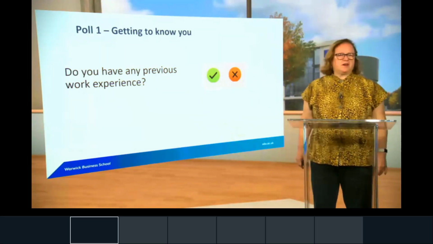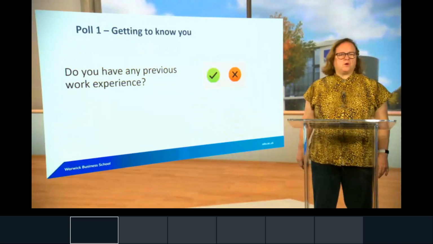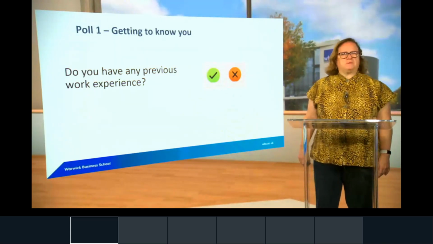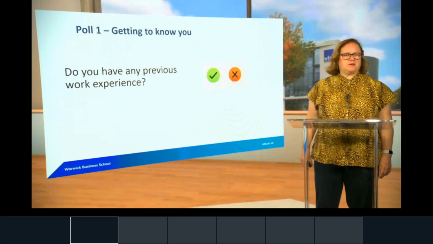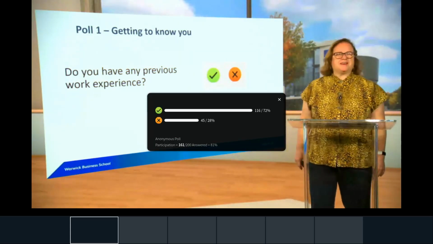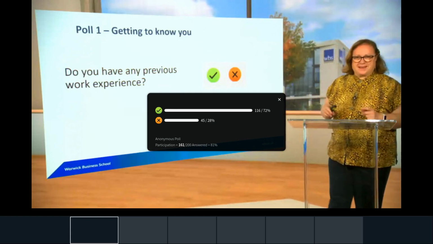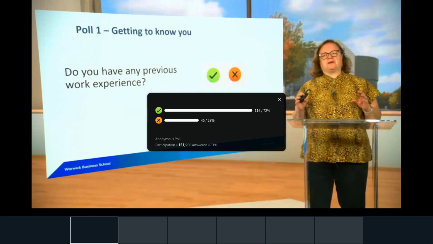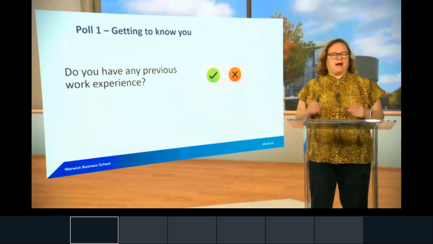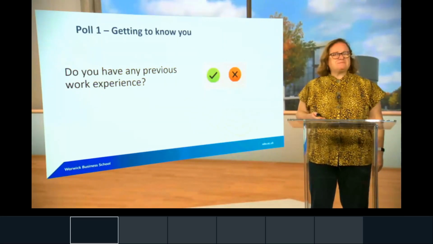That's fine if you can't access the poll. We'll just give it a moment or two more. So let's see what the results are like. The vast majority of you, over 70%, have had work experience. That's great. You're going to hopefully bring that particularly into this module, because it's a module about understanding business for analysts. Okay, let's move on to the next poll.